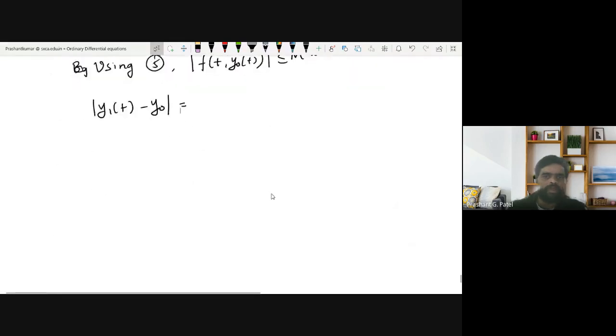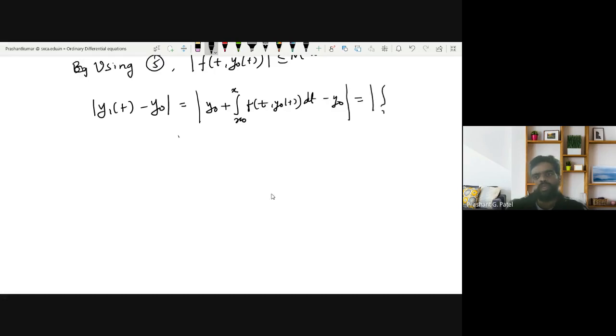So the y1 value is y0 plus integration from x0 to x of f of t comma y0 of t dt, minus y0. This y0 is there. So this gives us integration from x0 to x of f of t comma y0 of t dt.